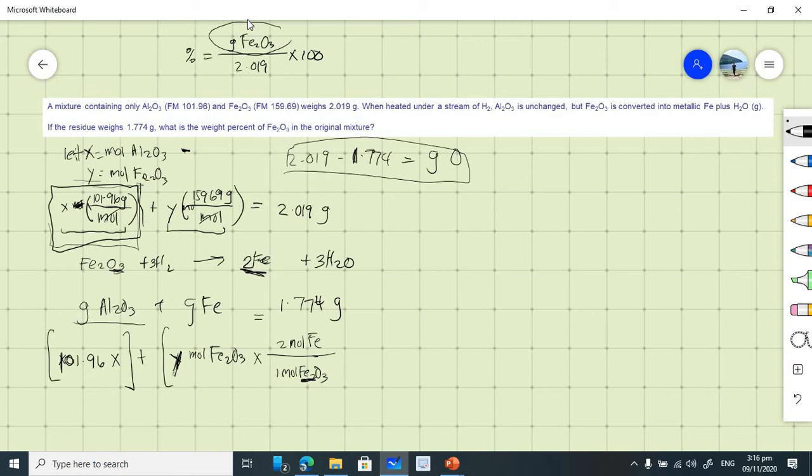Okay? And then, from the balanced equation, 1 mole of Fe has a molar mass of, what's the molar mass of iron?